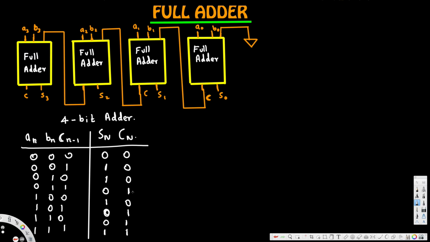Now first we are going to do the K-map for each of the sum and the carry. Let's go ahead and create the K-map. Since this is a 3 input, we are going to have 8 boxes inside the K-map.